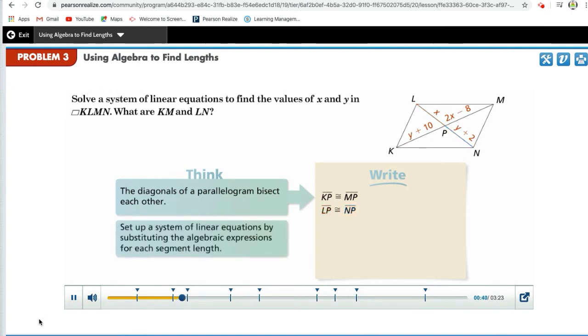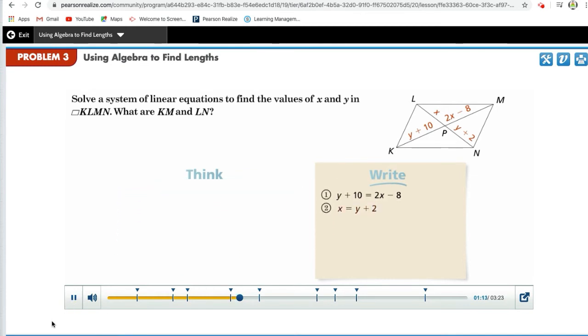Set up a system of linear equations by substituting the algebraic expressions for each segment length. Use the quantity y plus 10 for the length of segment KP. Use the quantity 2 times x minus 8 for the length of segment MP. Substitute the quantity y plus 2 for x in equation 1, then solve for y.